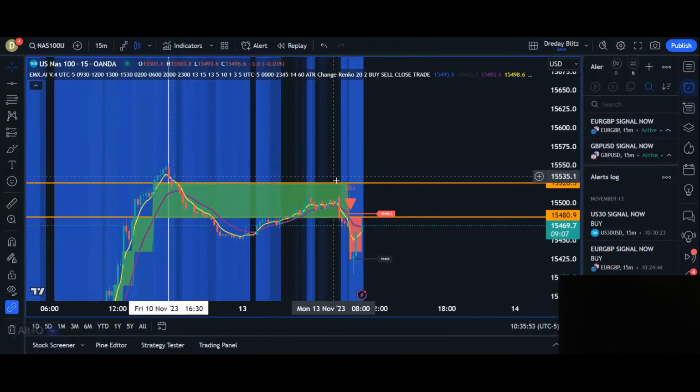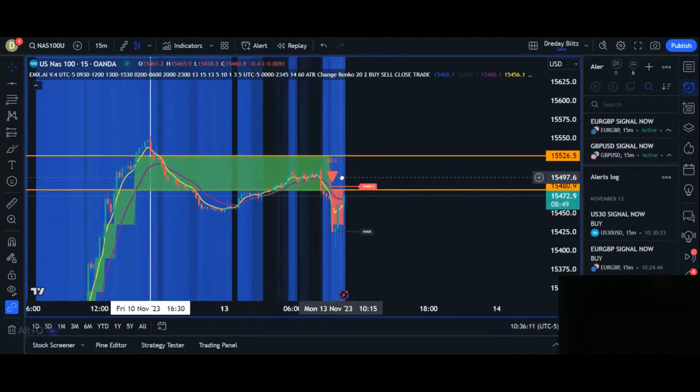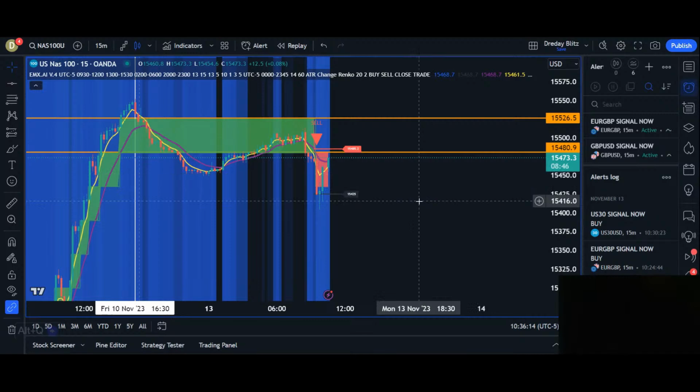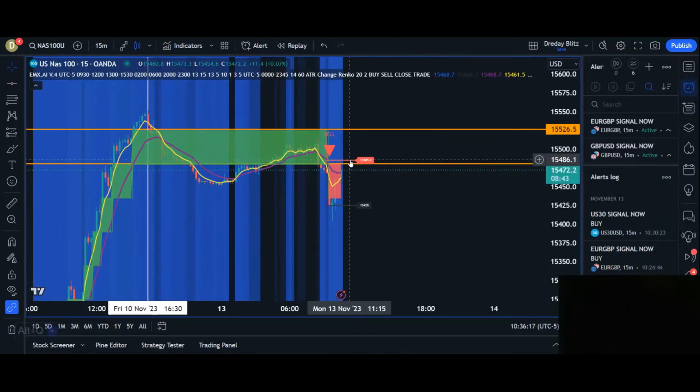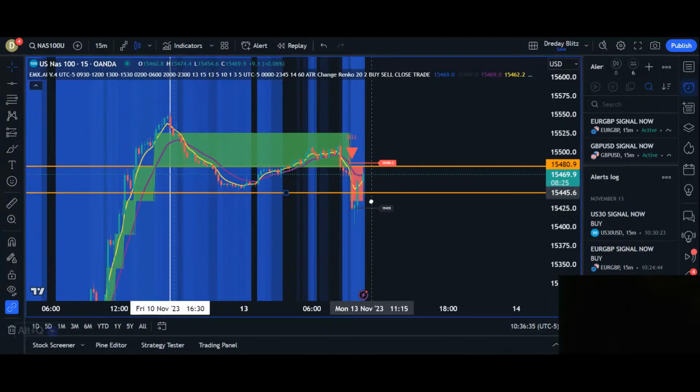Okay, meaning that if the Renko is from here to here, and you took the sell here, that means the top of the Renko is right here and the bottom of the Renko is at that price. So the next time the Renko is created, let's say on the upside, the start price would be around this price. If it's going up, or if it's going down, the next price would start here.